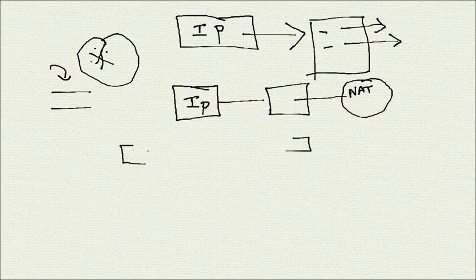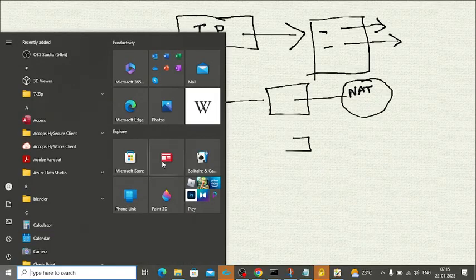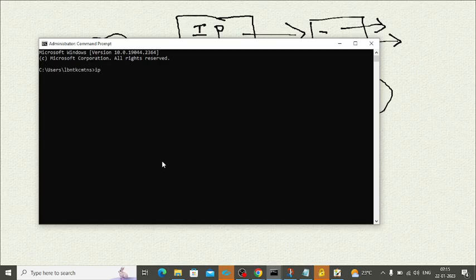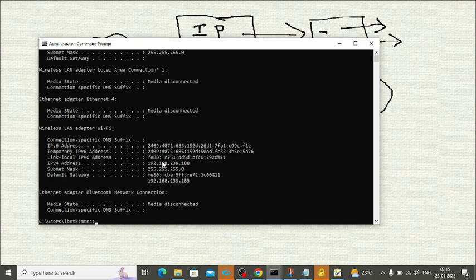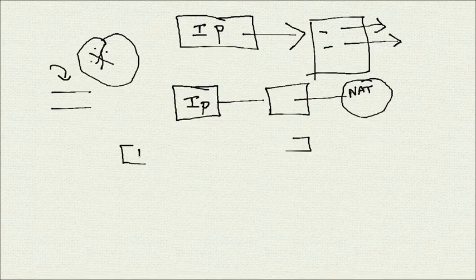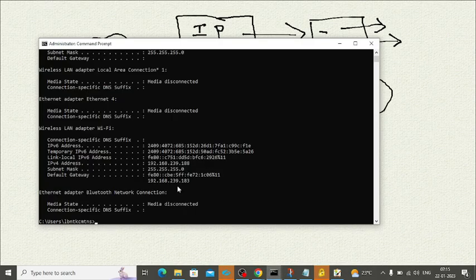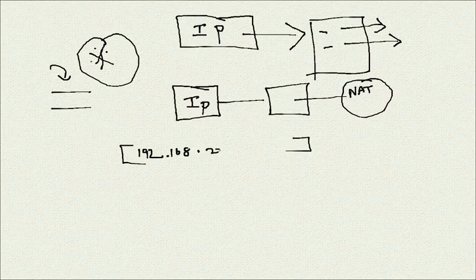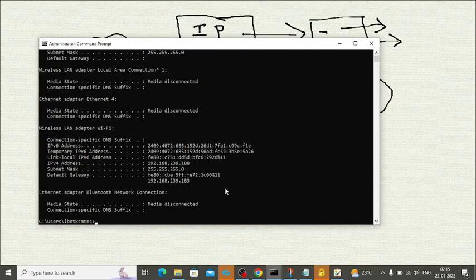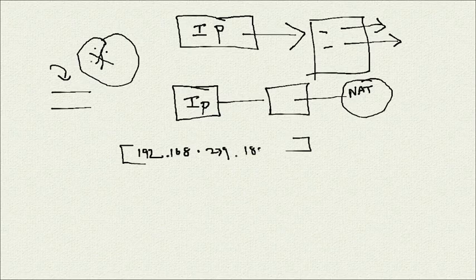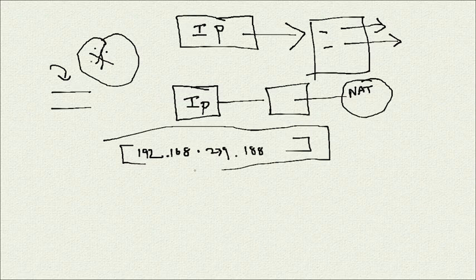Here is my IP address, from ipconfig: 192.168.239.188. So this IP address is 32-bit.